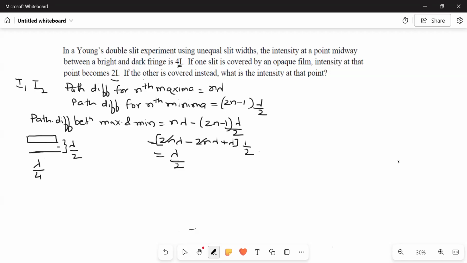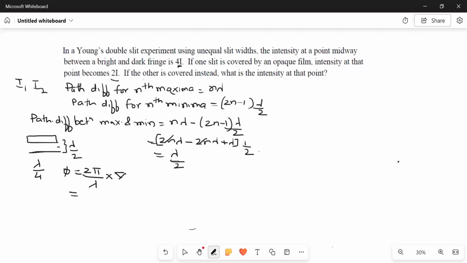Now when the path difference is lambda by 4, we can find the phase difference, because the relation between phase difference and path difference is phi equals 2 pi by lambda into path difference.